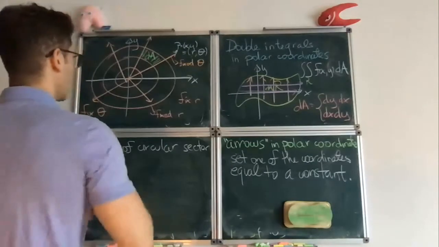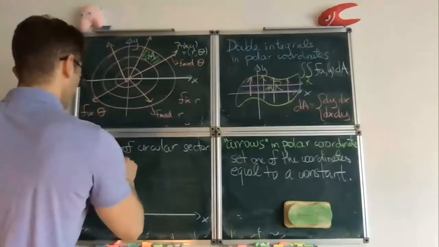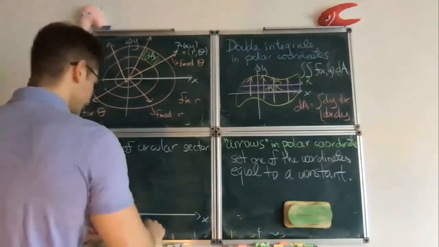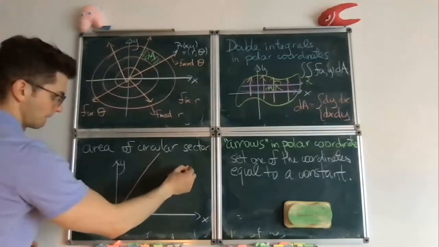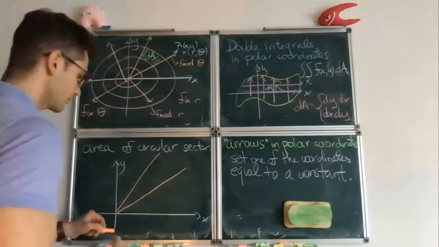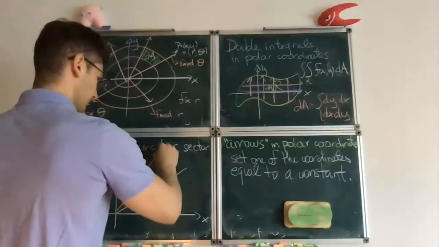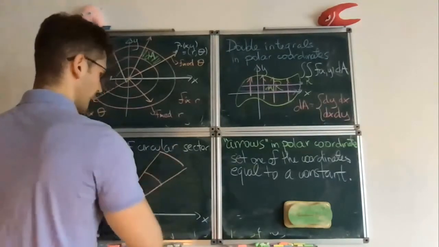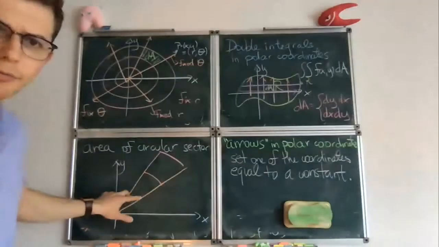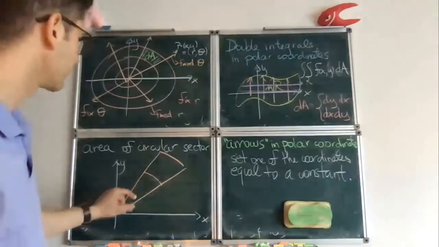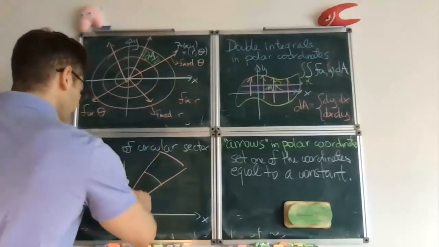So let me just isolate the situation a little bit. Zoom in on what's going on here. So again, the idea is you have two rays which are very, very close to each other. They're so close to each other that you say that the angle between them is like d theta.